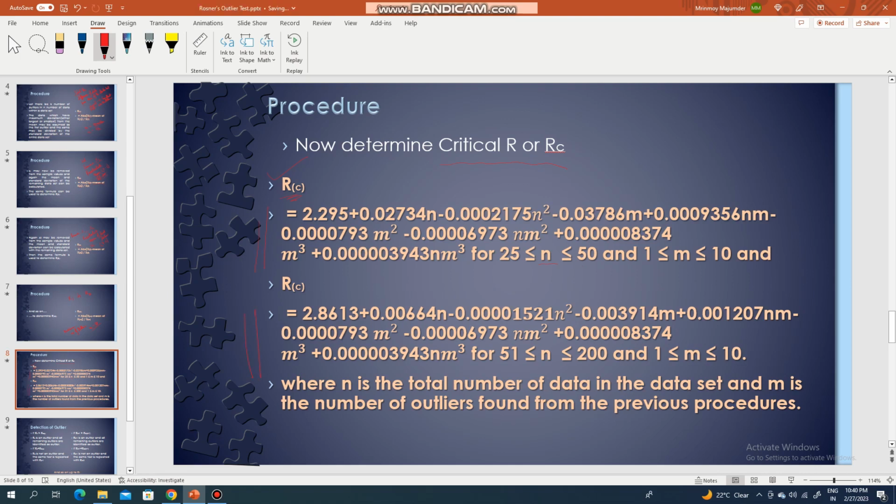So from this it is also clear that Rosner's method can be utilized to detect outliers if your total number of data points is 25 to 200. Why? You see, less than or equal to, so it can have 25 and it can also have 200, but not 201 or 224.